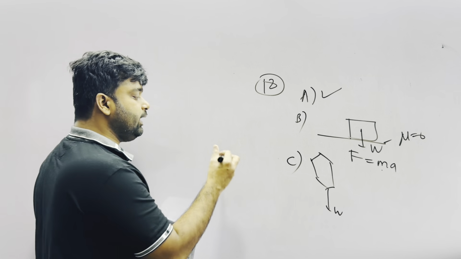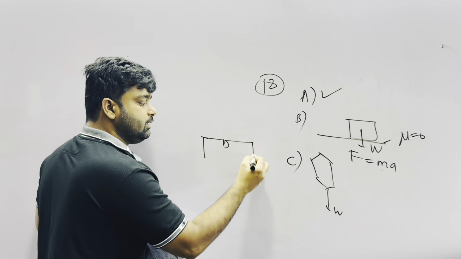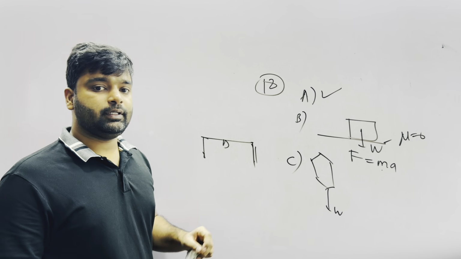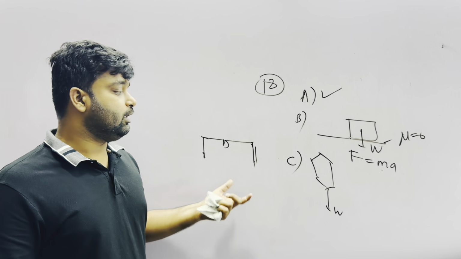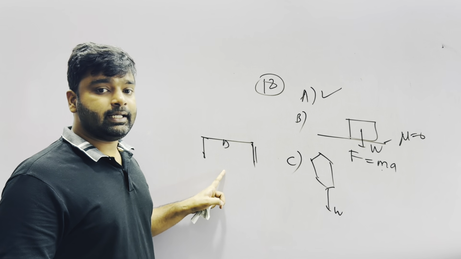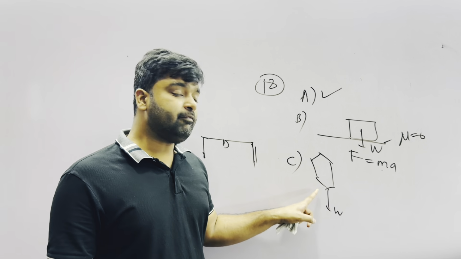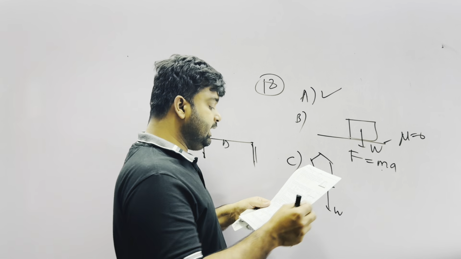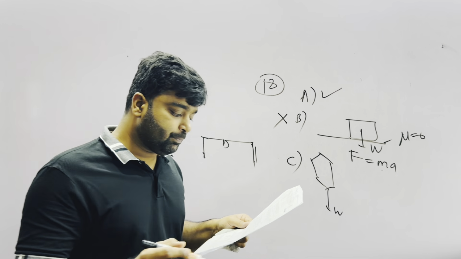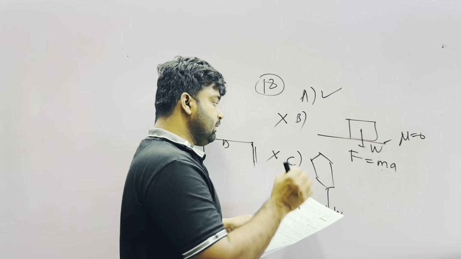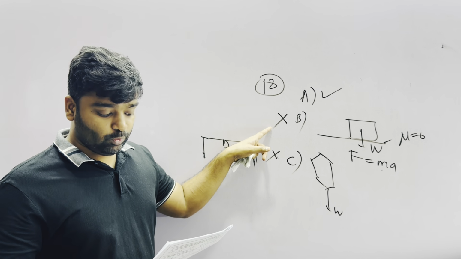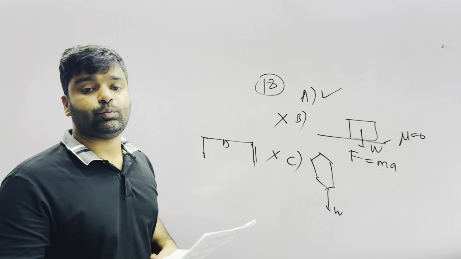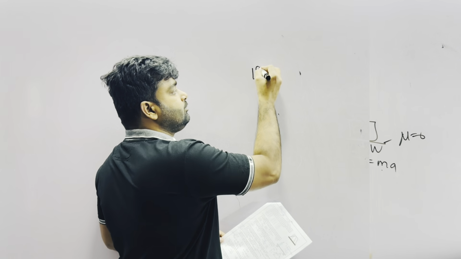If you measure the mass by a beam balance, it will be same whether you are measuring on earth or on moon. It is independent of the gravity. Therefore, a beam balance will measure the inertial mass. A spring balance will measure the gravitational mass. Therefore, statement B is also wrong. Statement C is also wrong. The correct answer is the first one. Statement A is only correct.